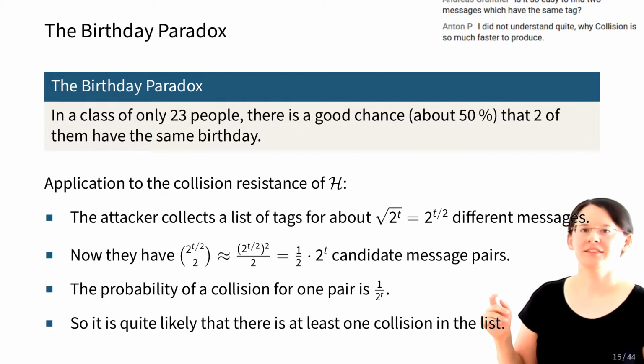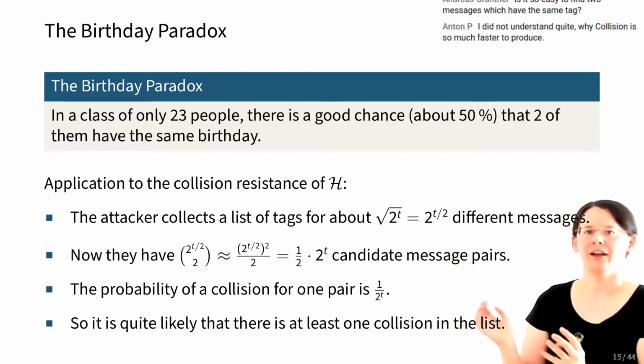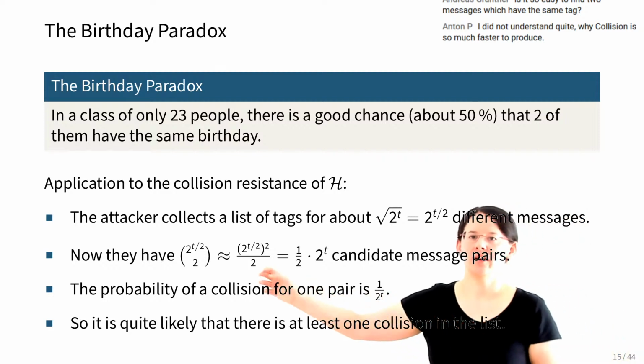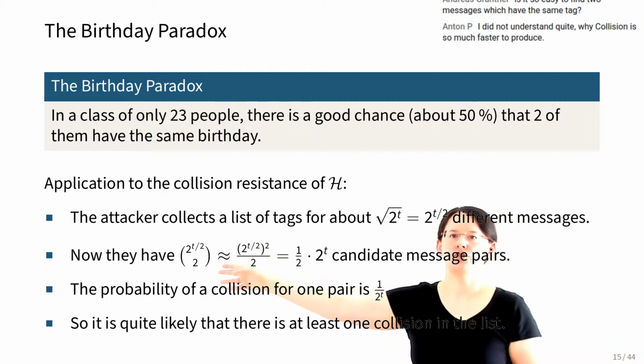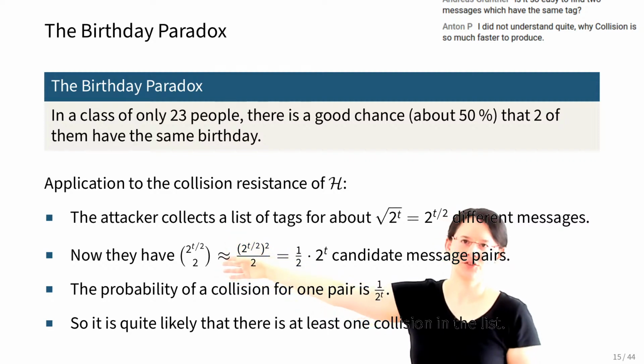Now, the important thing is that in this set of possible hash values, they now have 2 to the t divided by 2 choose 2, so "das über das" in German, this many pairs.